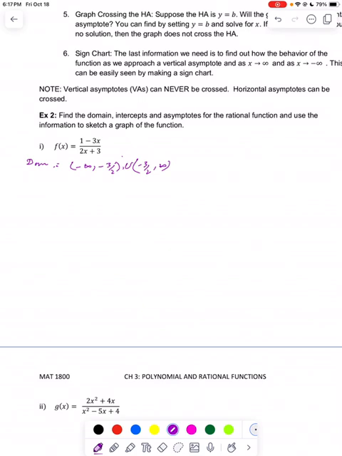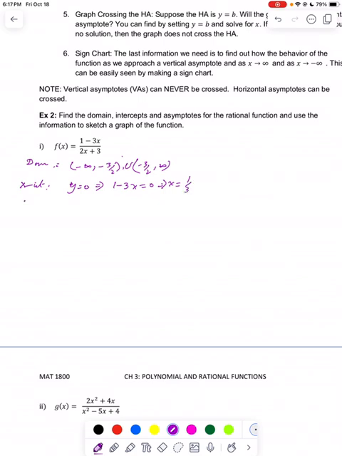The next is maybe the x-intercept. For the x-intercept, we set y equal to 0. Remember that when you set a fraction equal to 0, it means the numerator is equal to 0. So 1 minus 3x is equal to 0, which gives me x equal to 1/3. That is my x-intercept.